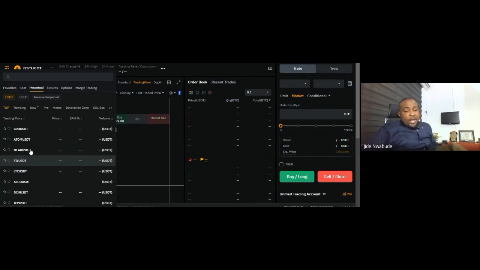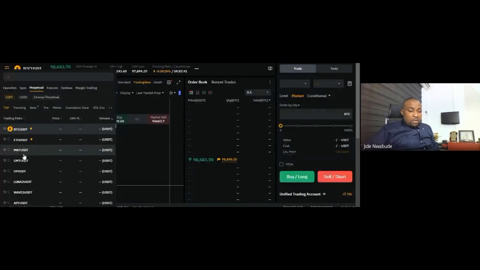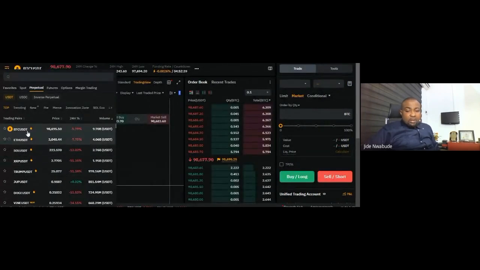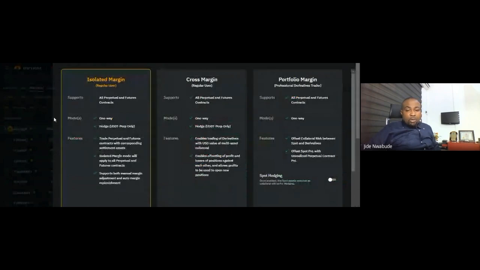But here is my advice: if you are trading, please trade the more stable coins, USDT, Ethereum, Atom, the major ones, right? Don't go and get yourself into coins that will flip up and flip down and wipe away your money. Okay, so that's what you see.